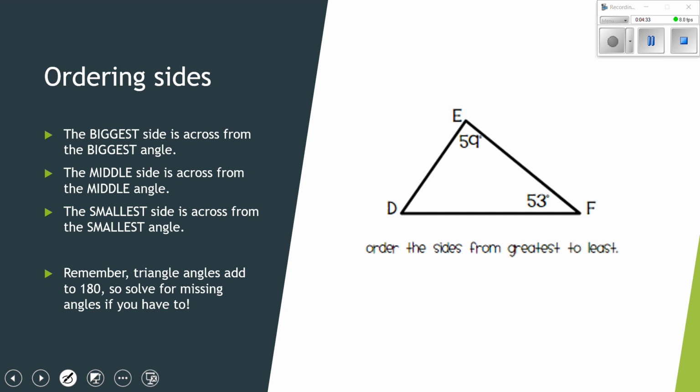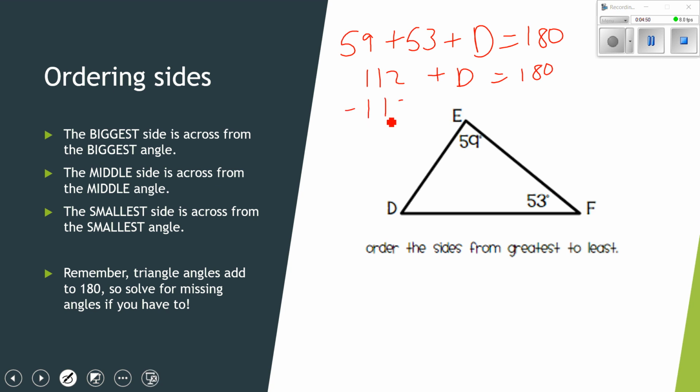First, let's solve for angle D. We have 59 plus 53 plus D has to equal 180. 59 plus 53 is 112, plus D equals 180. To solve for D, I would subtract 112 from both sides, and I would get that D is equal to 68.